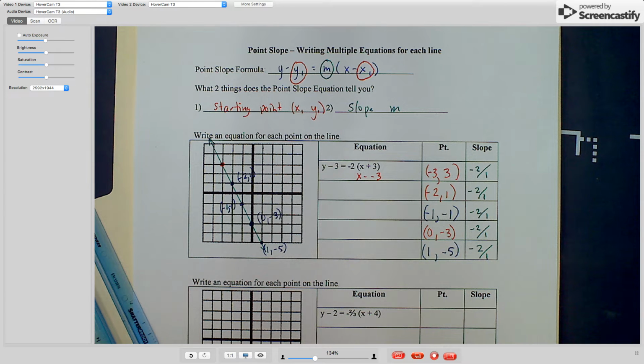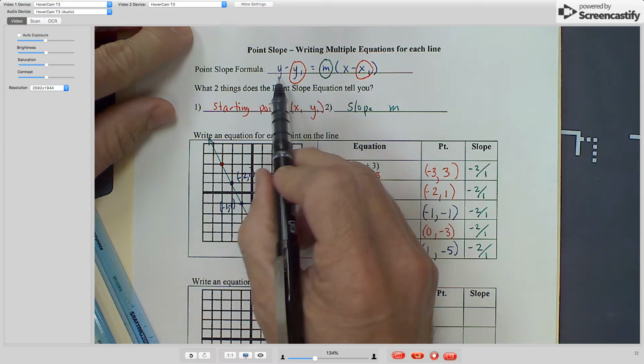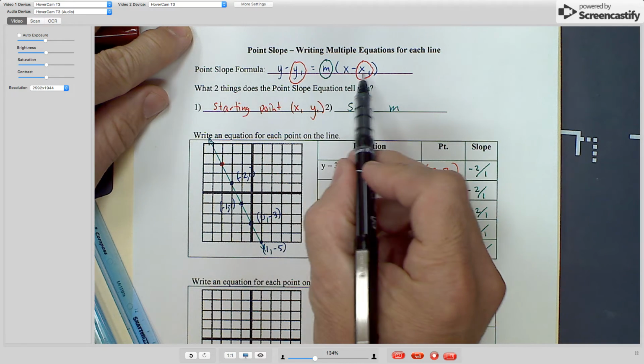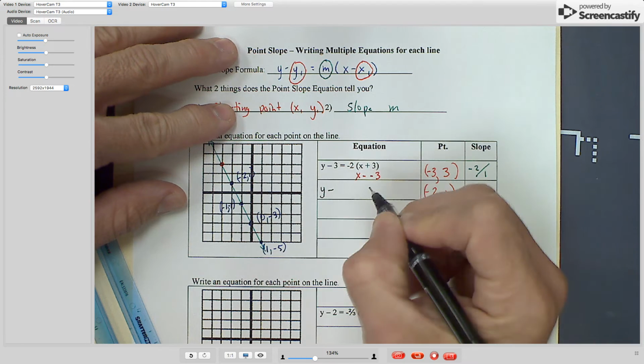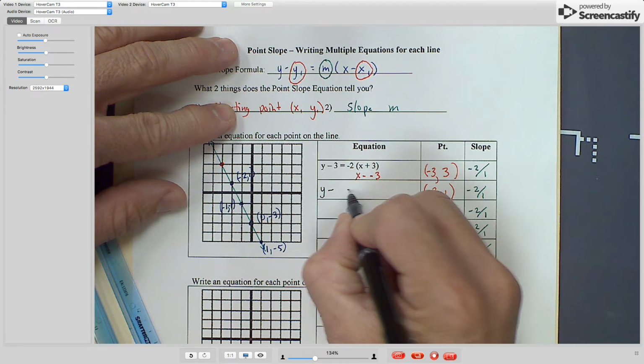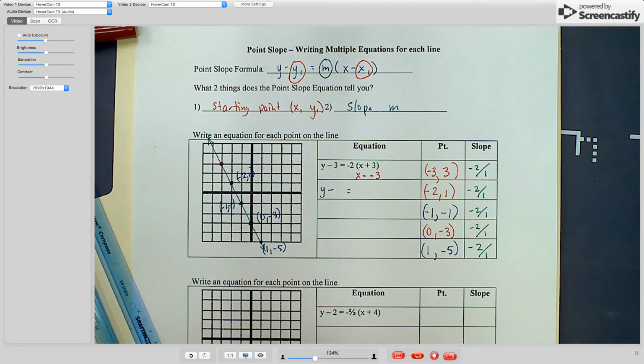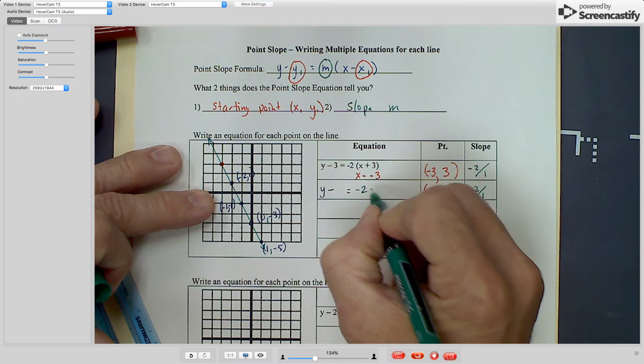And then, here we go. This is the part where it becomes really straightforward. We take our formula, y minus y1 equals m parentheses x minus x1. And we just write it in. Y minus, now I'm going to leave space for my y1, is equal to my m. My m, again, was negative 2 over 1.